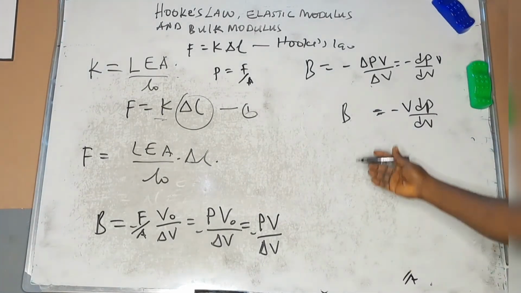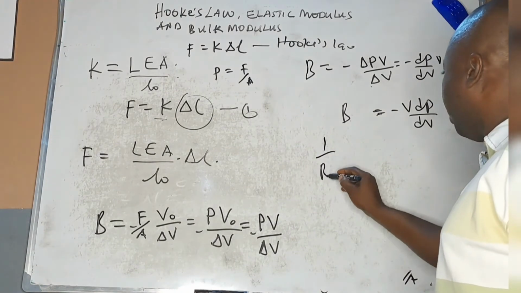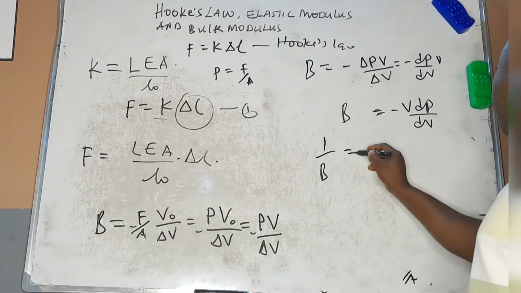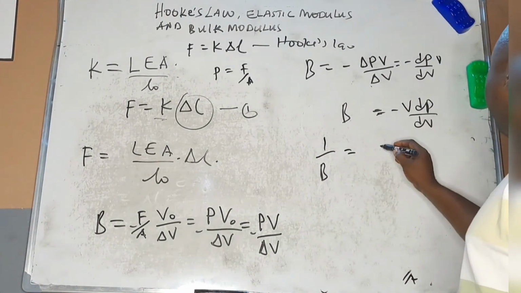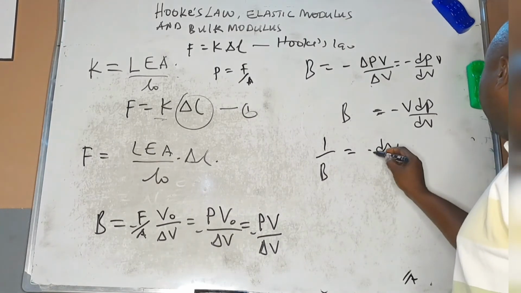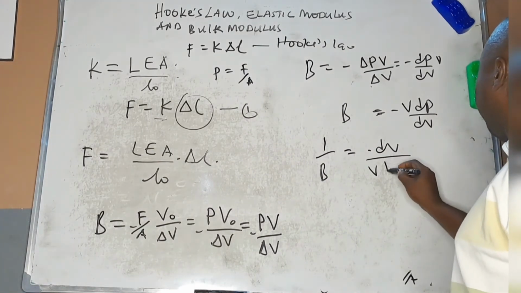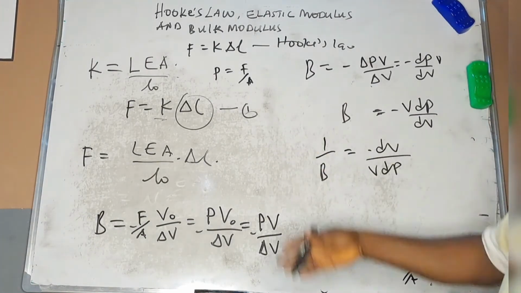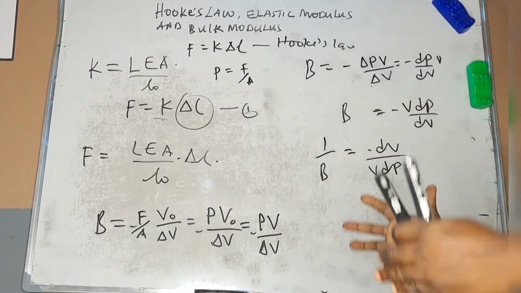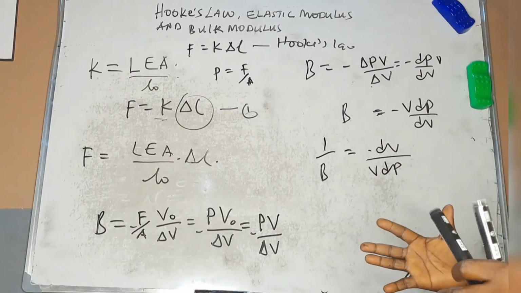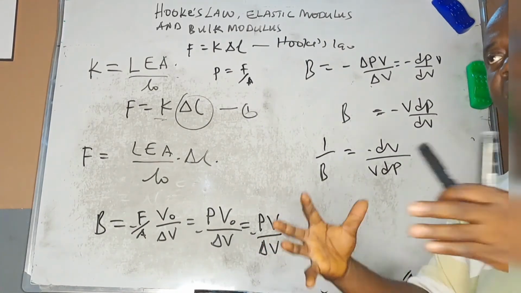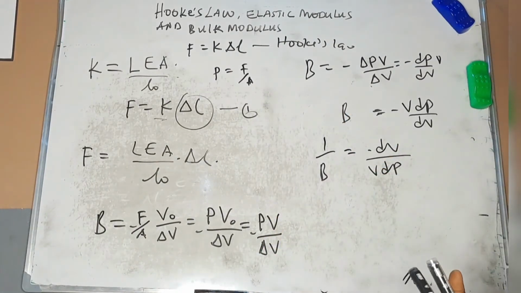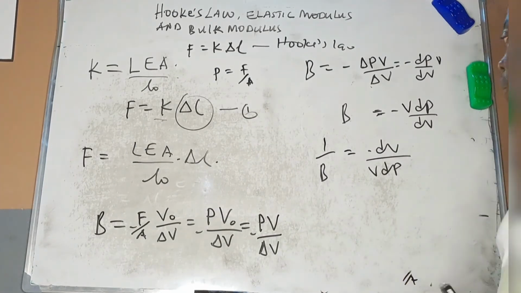Now we define the reciprocal, 1 over B, called compressibility, because you have minus dV all over V dP. It is defined at constant temperature. Of course, we assume that the condition under which the forces are applied to that body is that the temperature is kept constant.